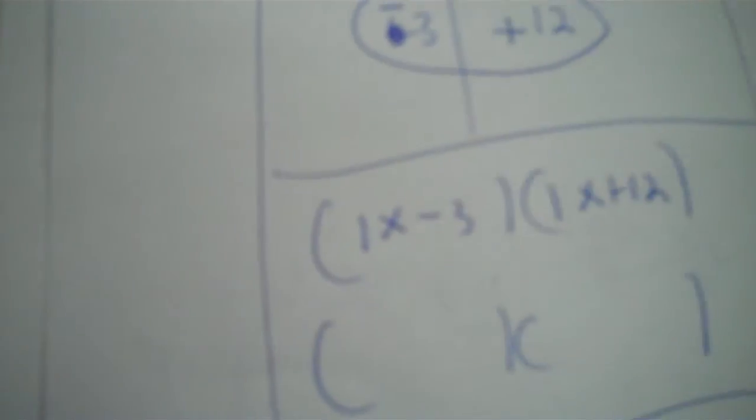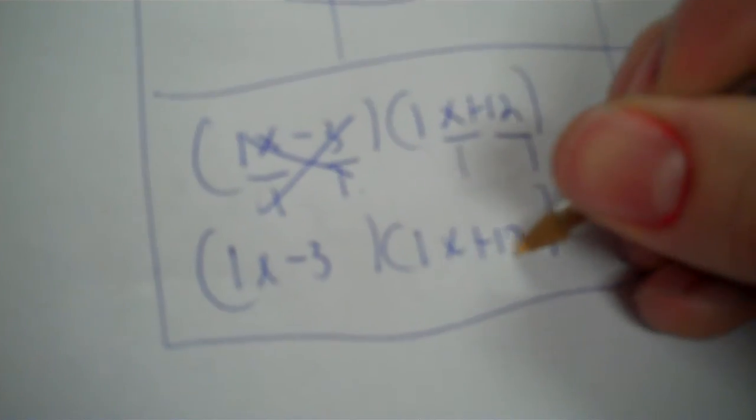X second is x times x, okay? Then we place that 1 in front, 1. Okay, 1 and 3. That's in row 1. 1 and 12. 1 and 12 are only in row 1. So that would remain 1x minus 3, and that would remain 1x plus 12.